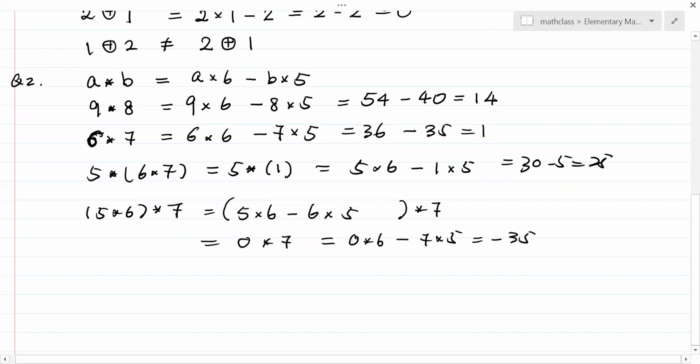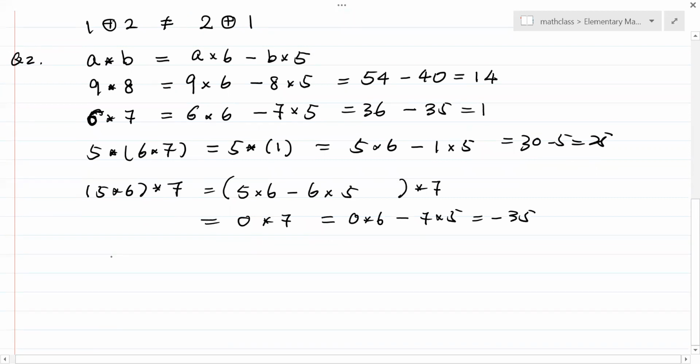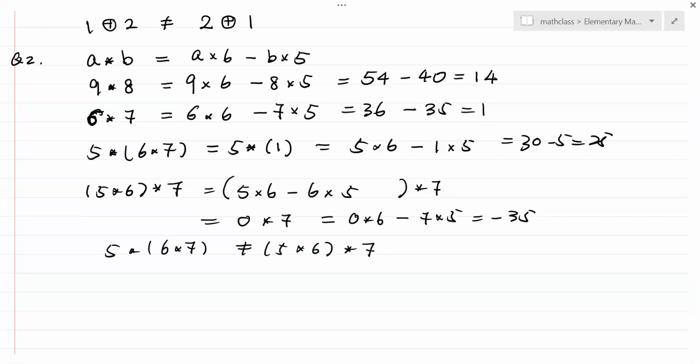So clearly those two are different. 5 star, 6 star 7 is not the same as 5 star 6 in parentheses and then star 7. So it's different from the usual multiplication. In the usual multiplication, 5 times parenthesis 6 times 7 is going to be equal to parenthesis 5 times 6 then parenthesis times 7.